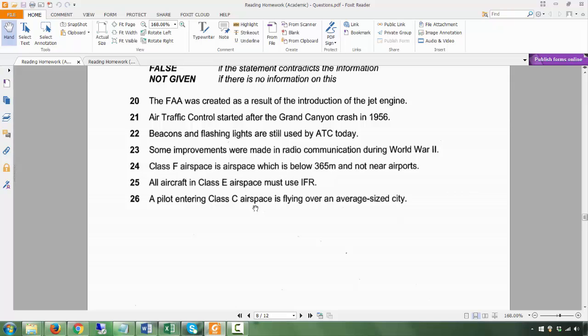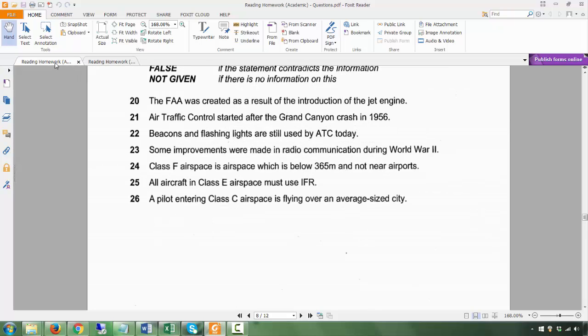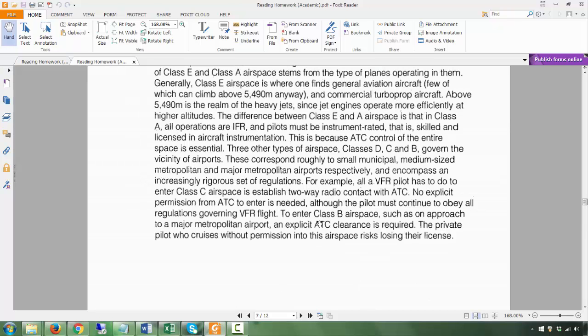A pilot entering Class C airspace is flying over an average size city. So it's the answer here, right below the answer to question 25. A pilot entering Class C airspace is flying over an average size city. So the answer here is true. And 3 other types of airspace, D, C, and B, govern the vicinity of airports.